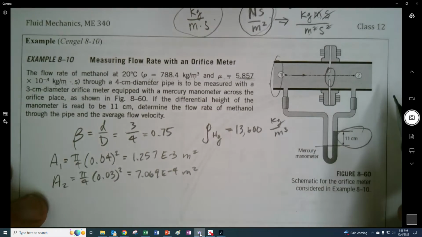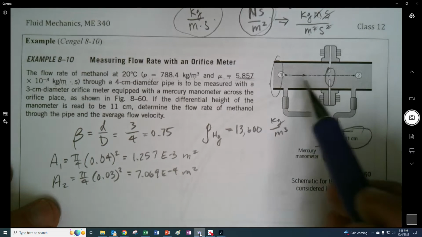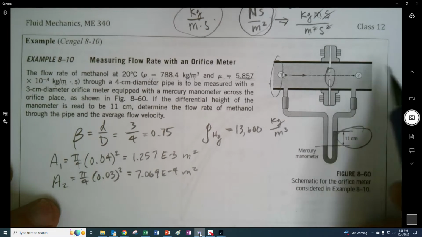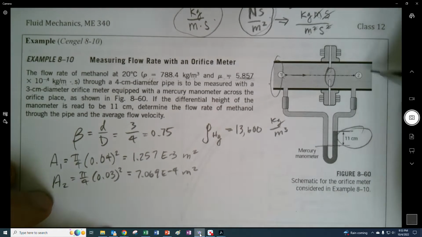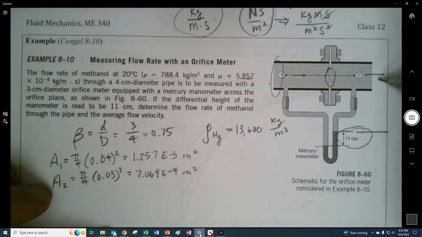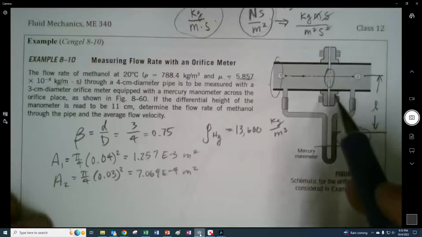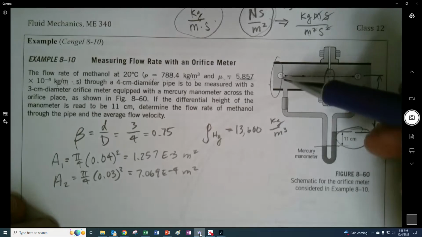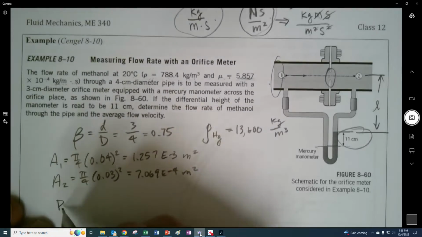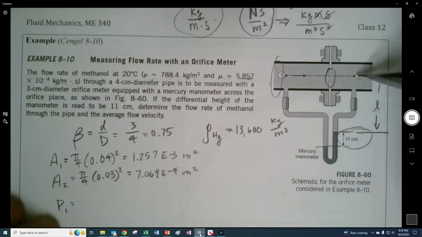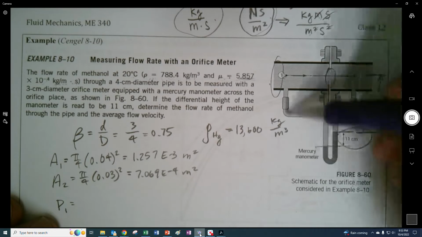Okay, so there's some preliminary stuff. I want to get the pressure difference between these two points, and you have to be a little careful when doing the manometer. They don't give you this dimension, but I like to call it something, so I decided to call it L, because I want to do the swim method that we talk about. To find the pressure at 1, I start at 2 and swim to 1.